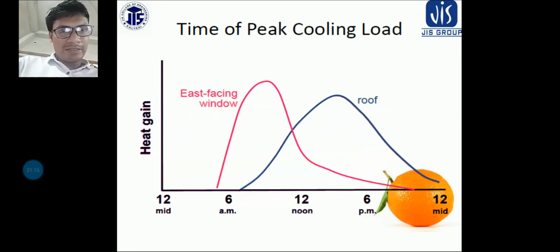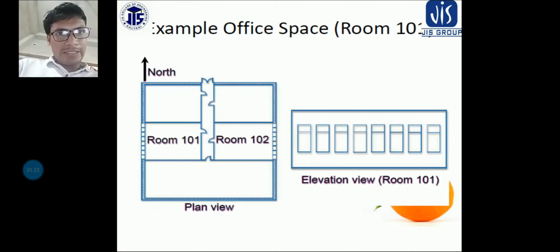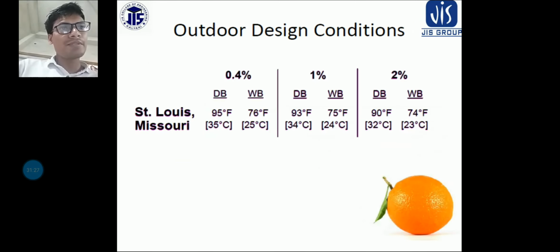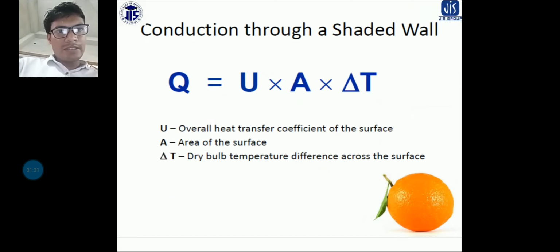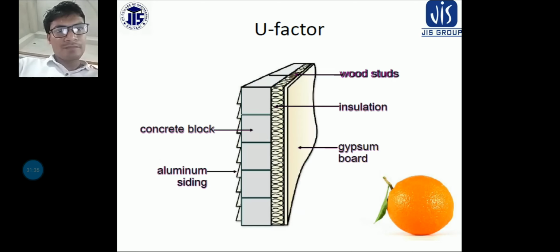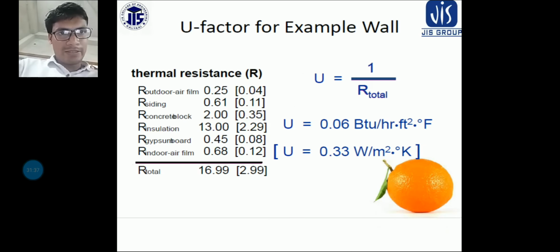With the help of a graph, it will be discussed what the peak cooling load is. Then the example of an office room, outdoor design condition, heat conduction through surfaces, and conduction through a shaded wall, and the U factor.